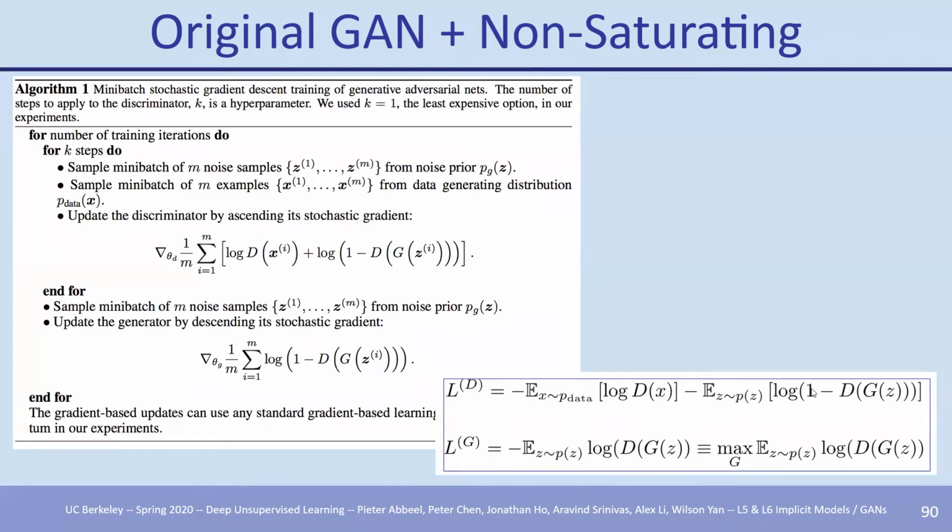Instead of doing 1 minus D of G of Z, which caused a flat area, if the discriminator got too good and became confident, then the gradient would be 0, and it would stop learning. But with this formulation, it still had some gradient, so it could still learn. And so those are the two formulations.